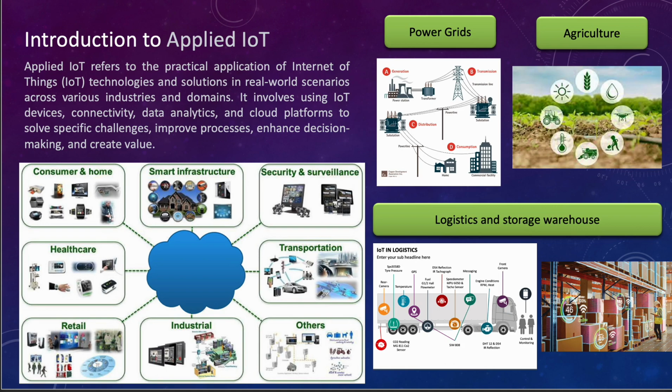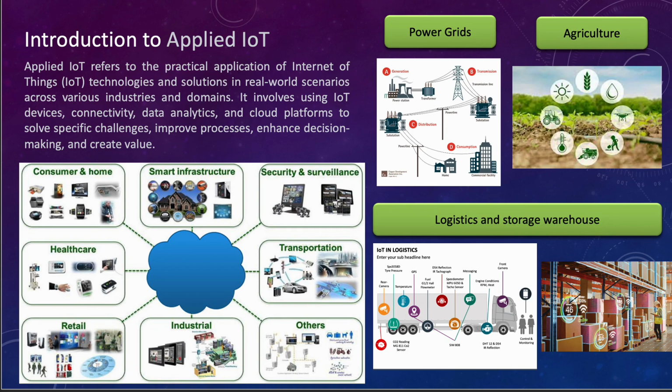Then we stepped into the introduction of applied IoT, right? And in that, the definition goes as applied IoT refers to the practical application of Internet of Things technologies and solutions in real world scenarios across various industries and domains.